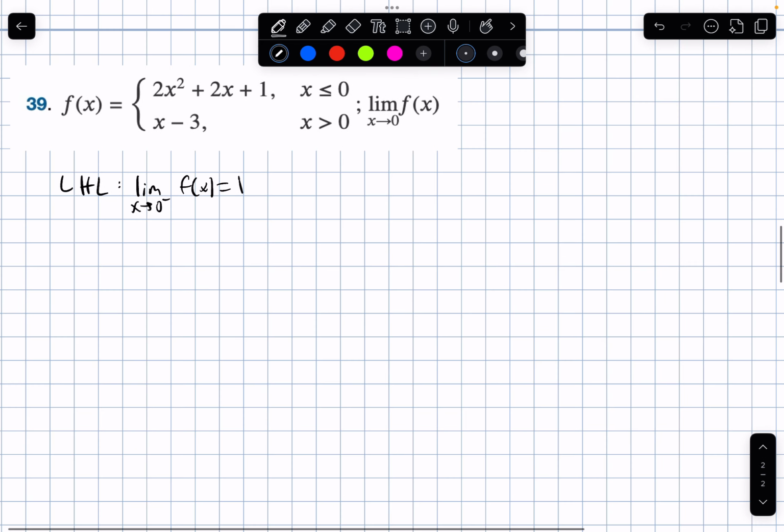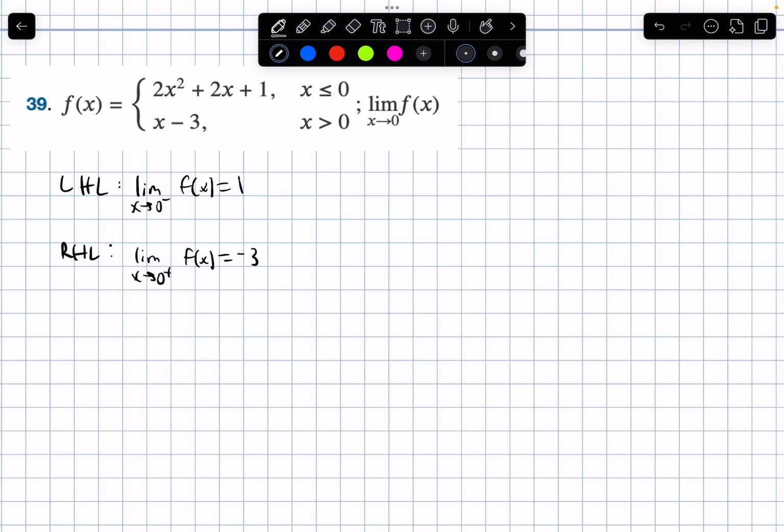And our right-hand limit, as x approaches 0 plus, f of x equals negative 3. So since our left-hand limit and right-hand limit aren't equal, there will be no general limit. So no GL is our answer.